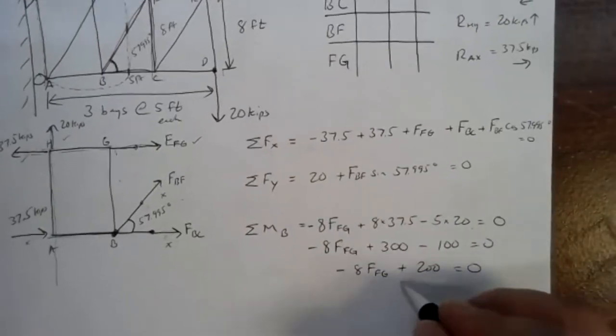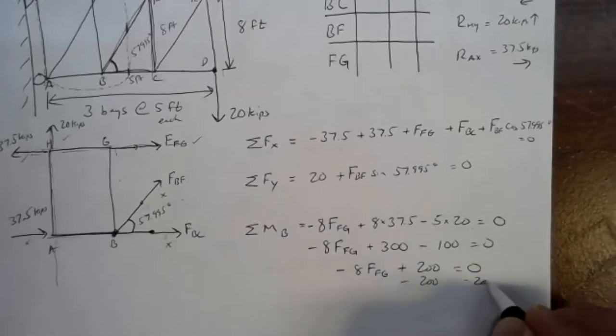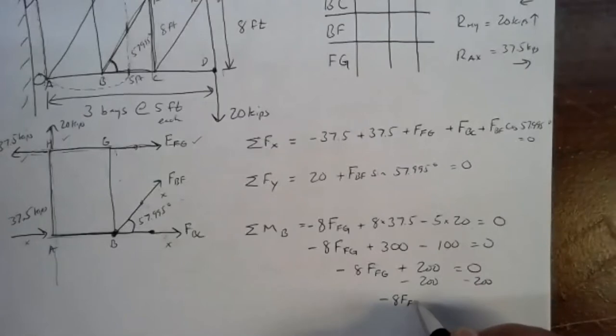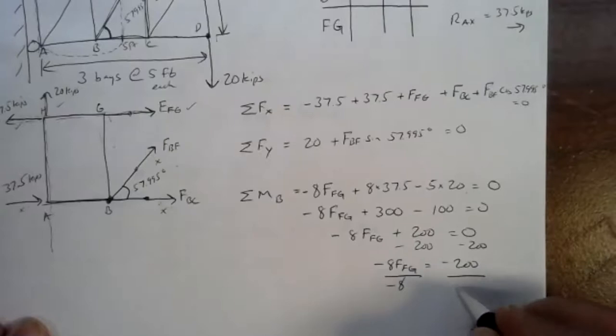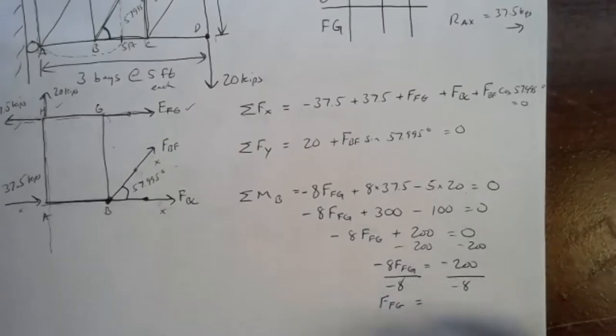If we subtract 200 from both sides, then we have negative 8 FFG is negative 200. Divide both sides by negative 8. Don't forget about that negative. So we divide both sides by negative 8. And FFG equals 25.